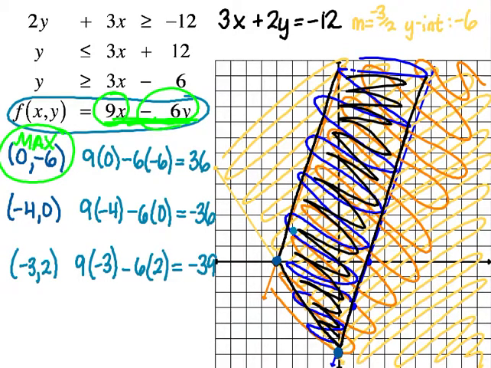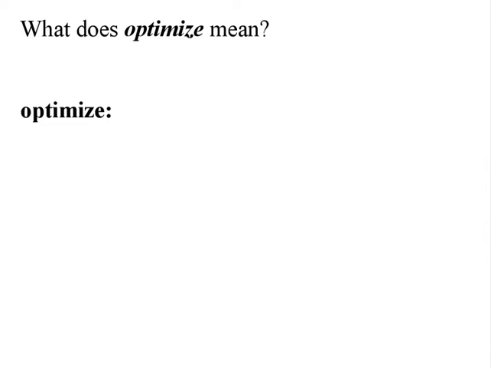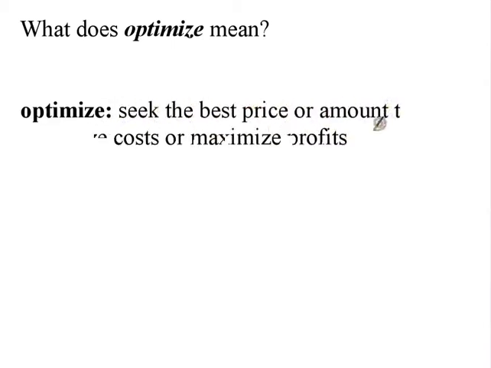Okay, now let's skip to the optimize section real quick. We're just going to briefly go through this. I don't know if you necessarily need to write this down. Optimize means to seek the best price or amount to minimize costs and or maximize profits. So that's pretty much what we've already been doing in a way.